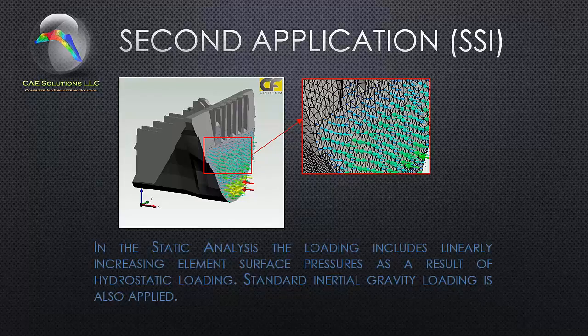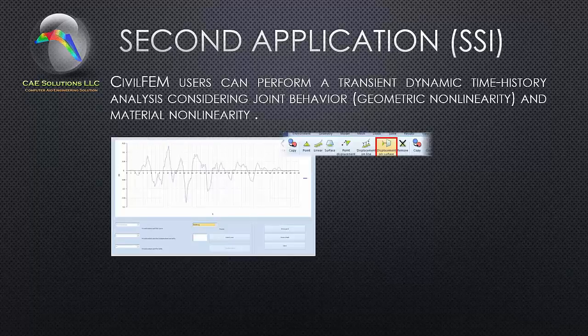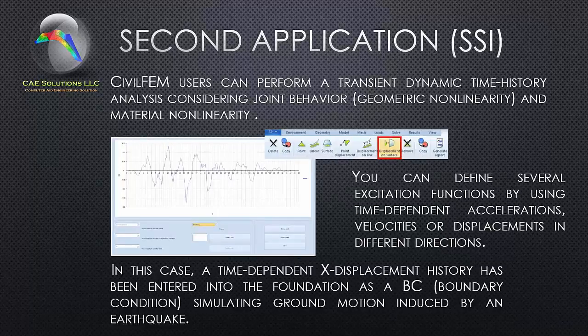In the static analysis, the loading includes linearly increasing element surface pressures as a result of hydrostatic loading. Standard initial gravity loading is also applied, dead load. CivilFEM users can perform a transient dynamic time history analysis considering joint behavior.